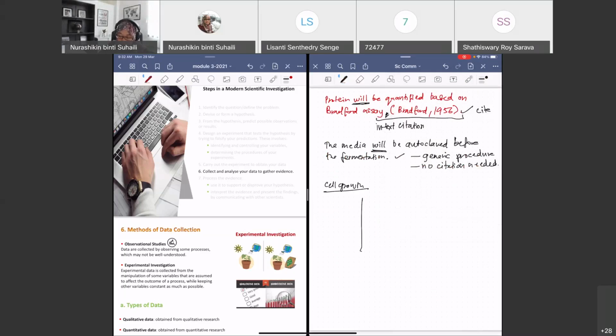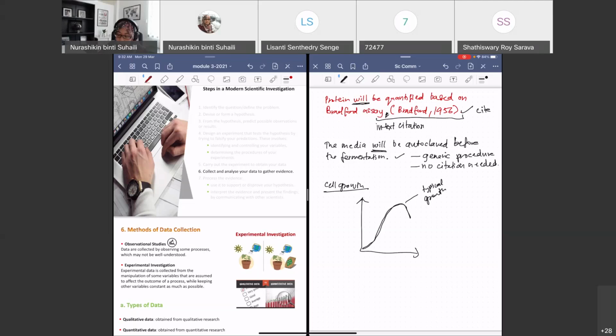So you expect to see the growth something like this. You study microbiology, right? What is this? This is a typical growth profile for any microorganism, for any organism actually.